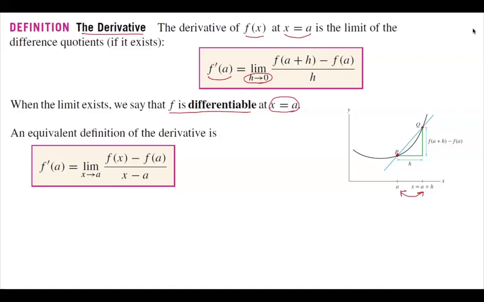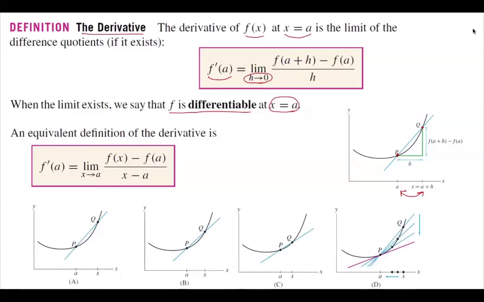This secant line becomes the tangent line. So instead of having a secant line, we get a tangent line. This is what we learned in elementary calculus.